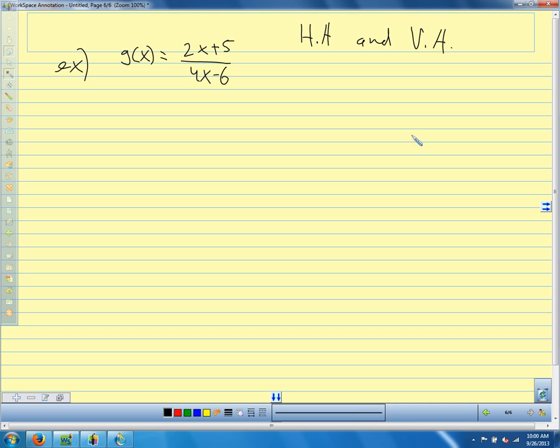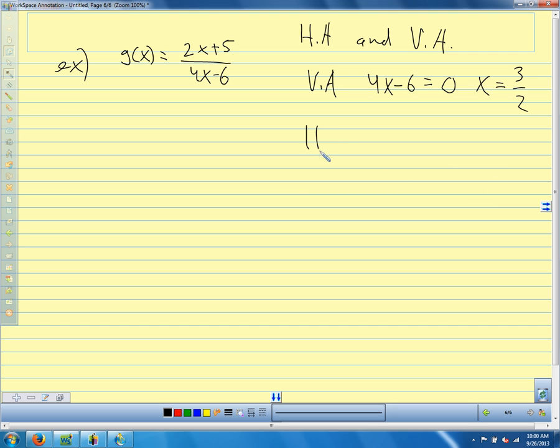Vertical, okay? Where is our vertical asymptote going to be located? When what equals what? When the denominator equals 0. 4x minus 6 equals 0. So x equals 3/2. So our vertical asymptote is at x equals 3/2.